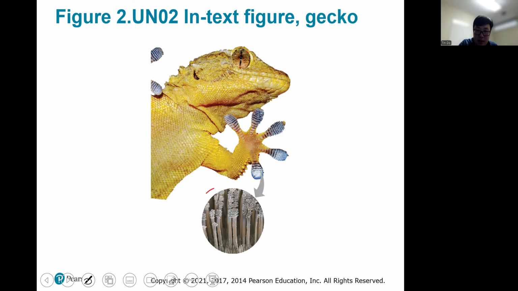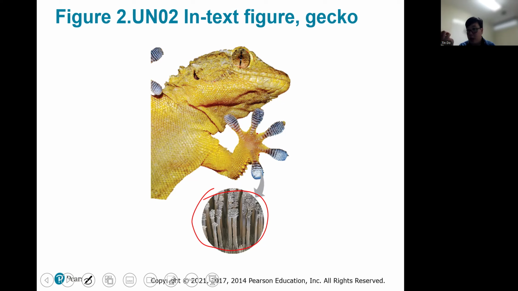We can see it right here in the image below. These tiny little suction cups bind with weak interactions that stick to surfaces and give the gecko the ability to climb up the wall.